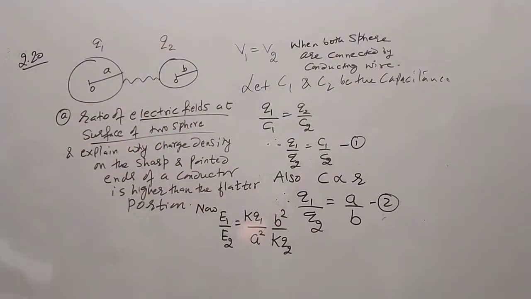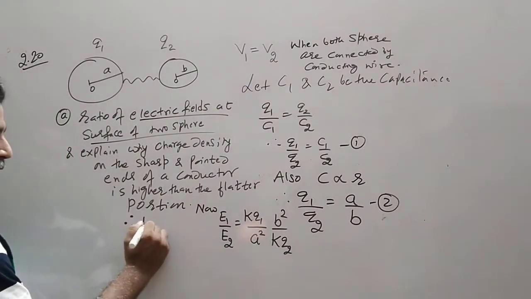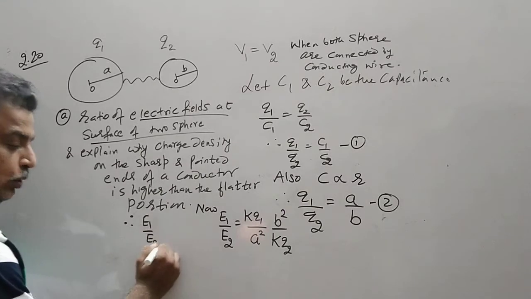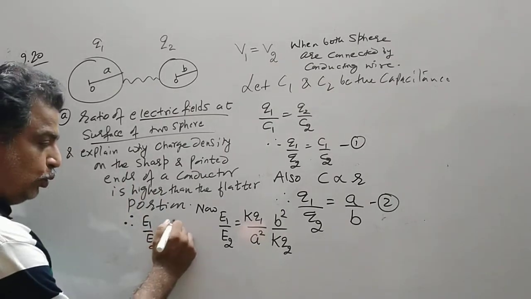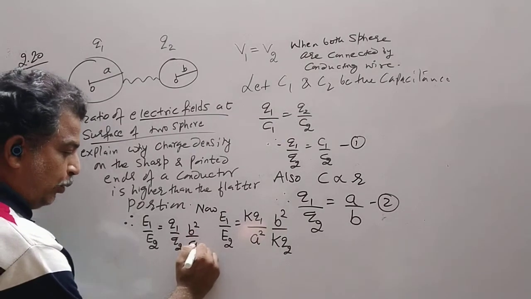So for these spheres we are considering the electric field intensity to be KQ upon A square and KQ upon B square. Therefore E1 upon E2 is equal to Q1 upon Q2 and B square upon A square.